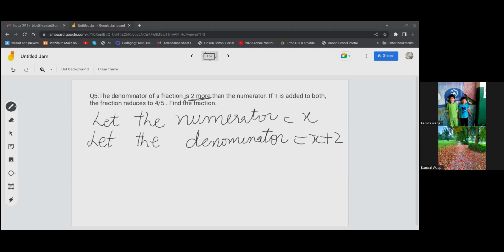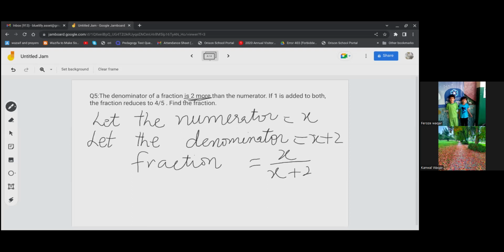Then what will be the fraction? The numerator comes up, denominator comes down. It is a fraction.